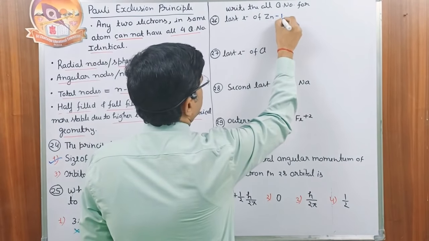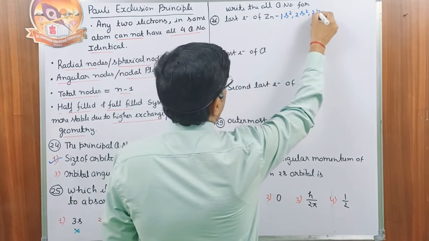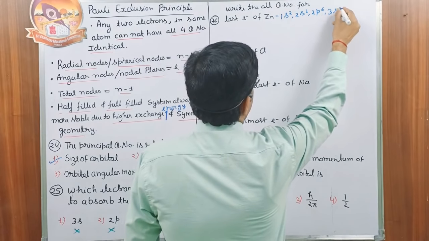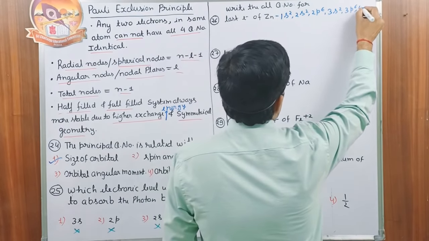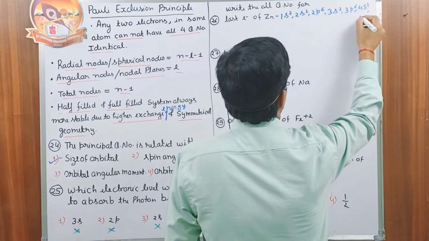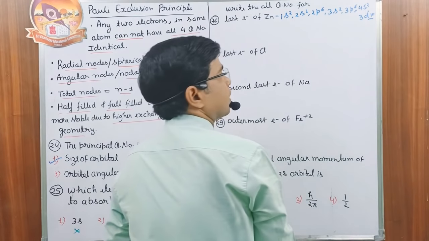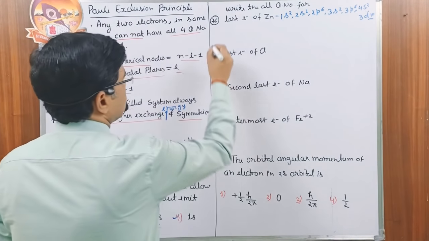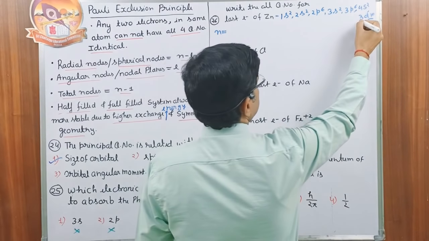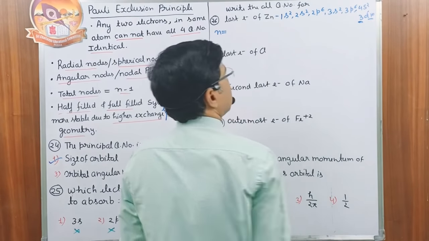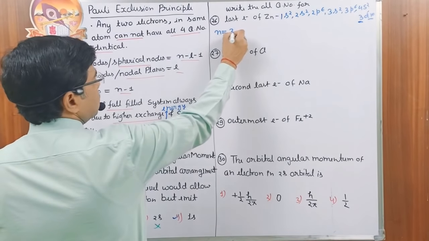Zinc electronic configuration: 1s2, 2s2, 2p6, 3s2, 3p6, 4s2 and 3d10. The last electron enters 3d10. So n is 3, the last electron is present in the third shell.